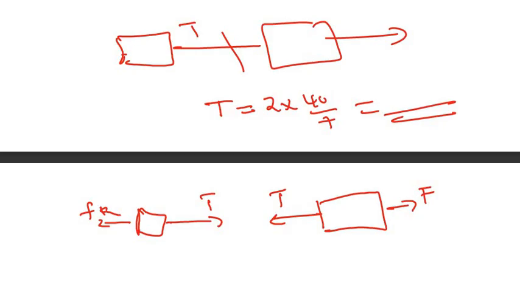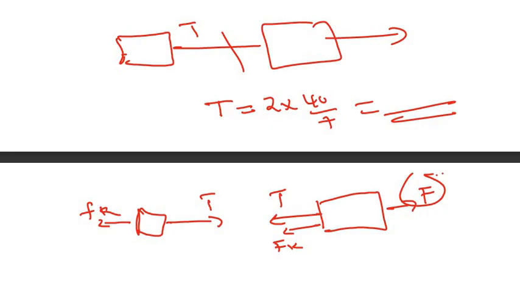So the winning force, the force causing them to move, minus tension, then minus the friction, then we equate everything to ma. That's basically what you have.